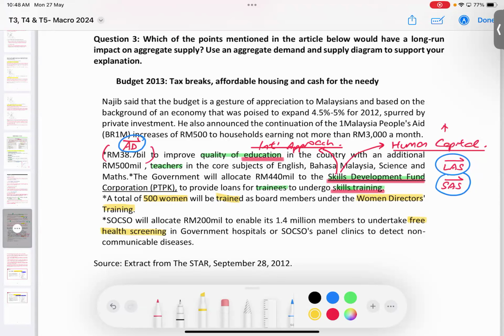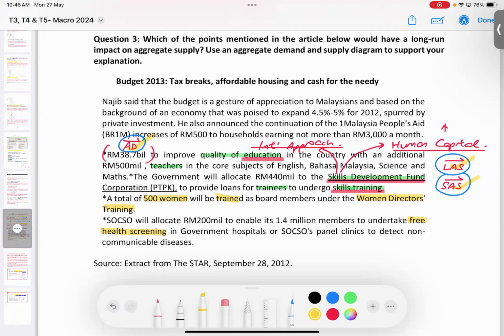Okay, in government hospitals or SOCSO's panel clinics to detect non-communicable diseases. So you know that all this will affect LAS, SAS, and aggregate demand curve for those that are highlighted. So you choose the points that you are very confident that you will never get it wrong. So you will definitely get full marks for your graph, like for diagram analysis.